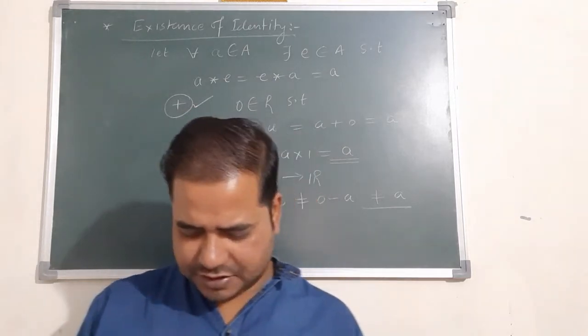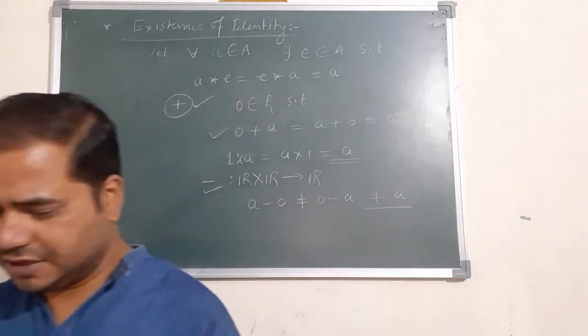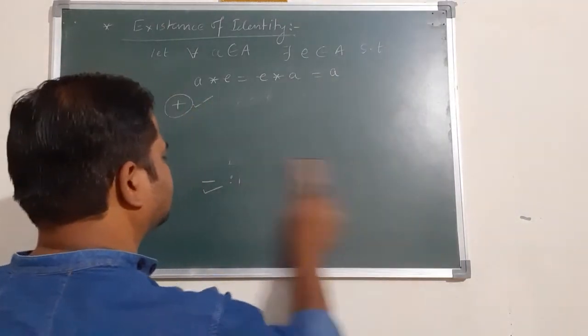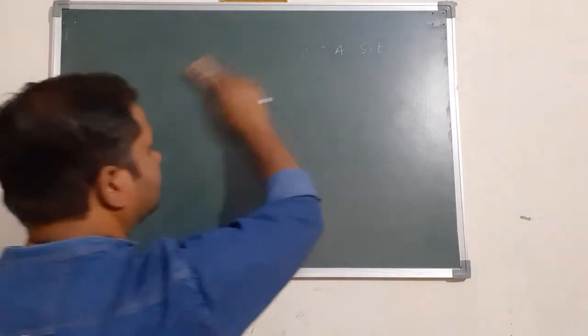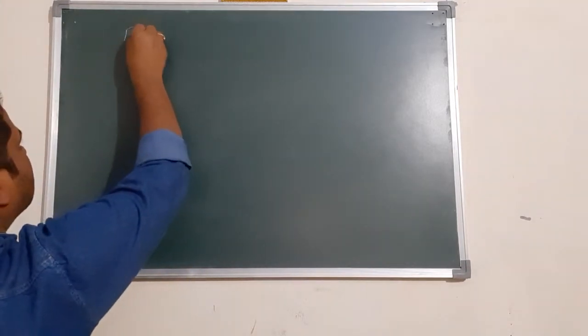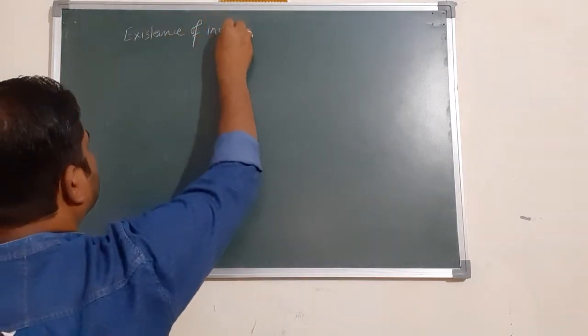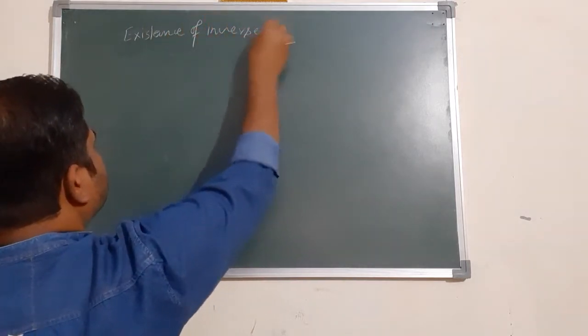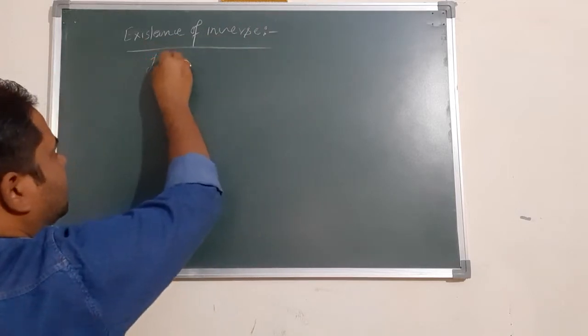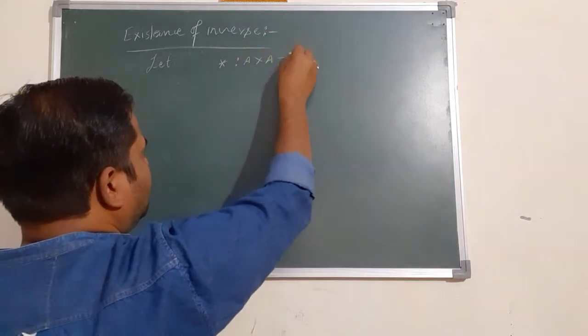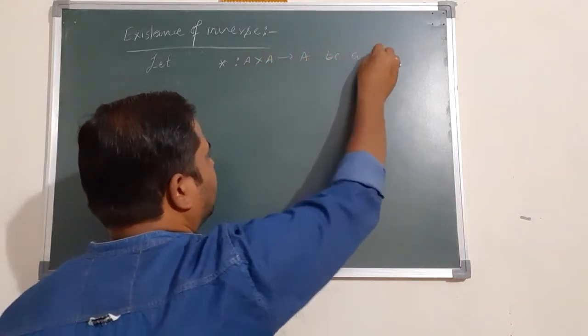Now, existence of inverse. Suppose we are given star from A cross A to A, a binary operation.